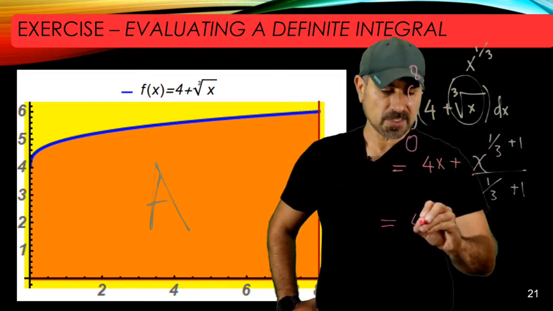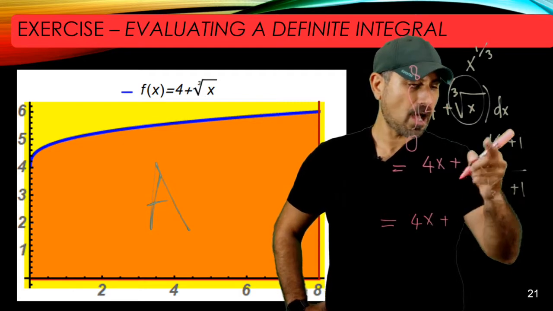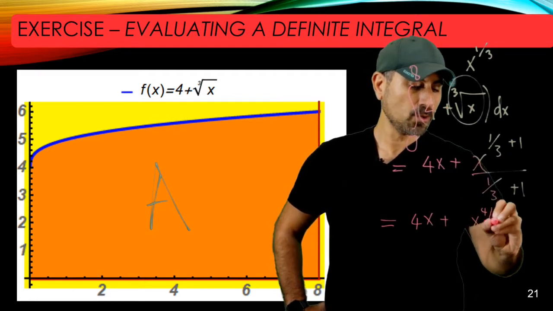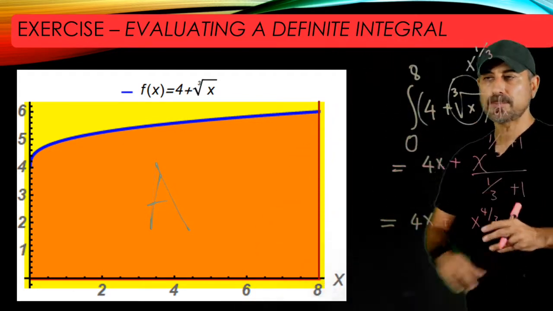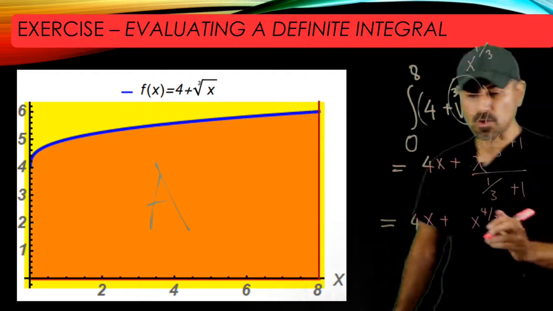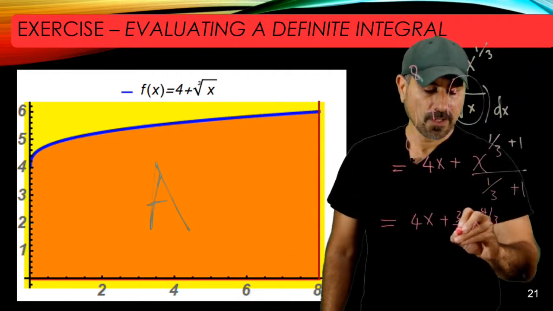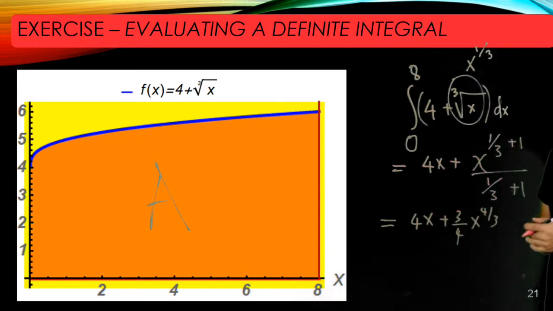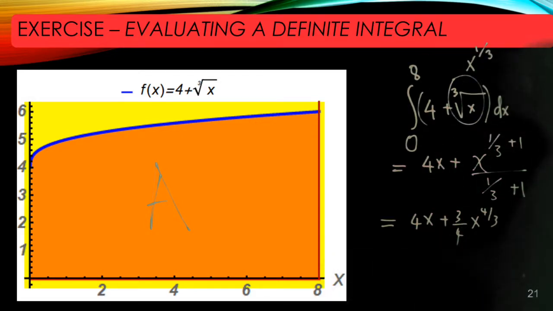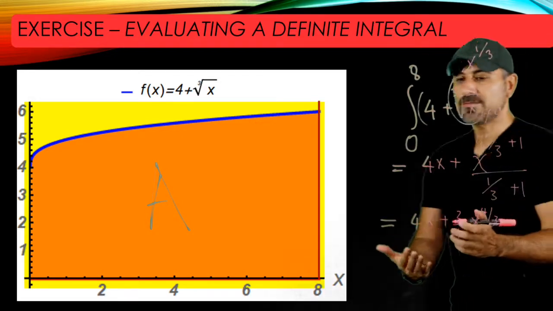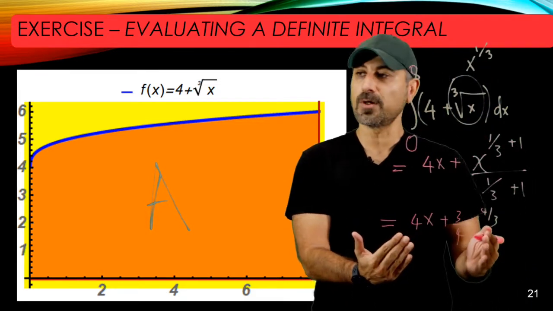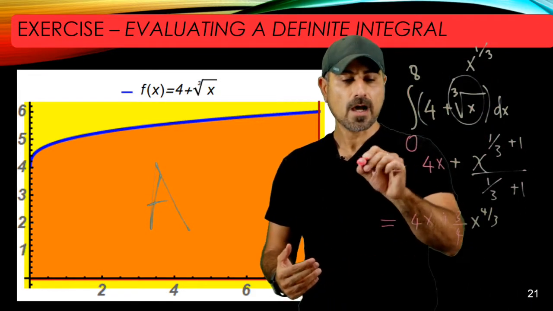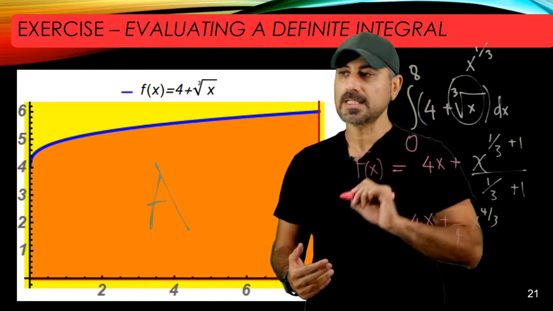So as you see, if we simplify this, so you have x to the power of 4/3, and 4/3 also pops in the bottom, but we flip it over. So we have 3/4 x to the 4/3. Okay? So once we have the antiderivative, we're going to call this capital F of x.